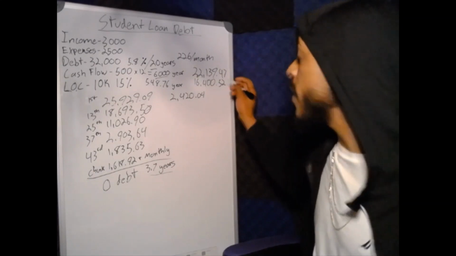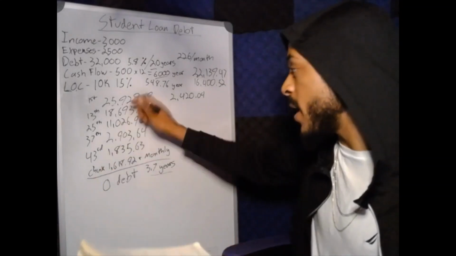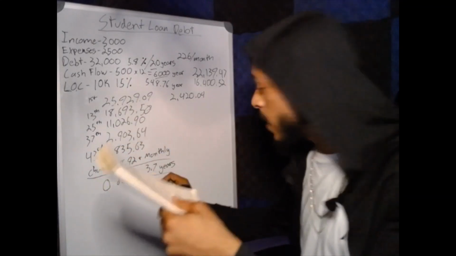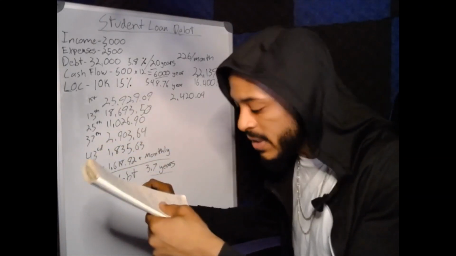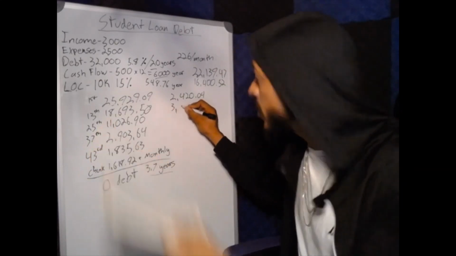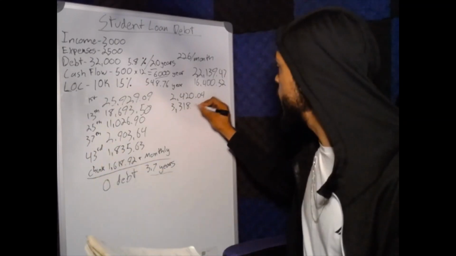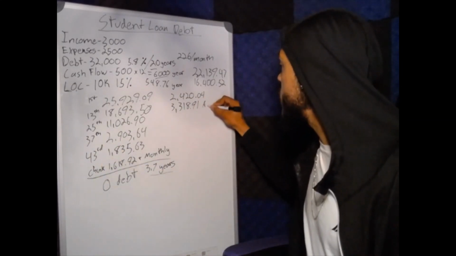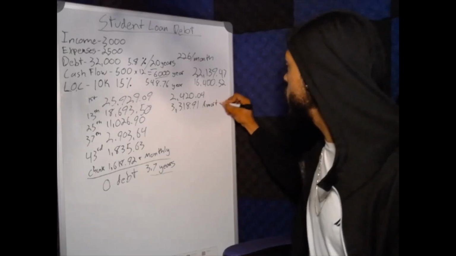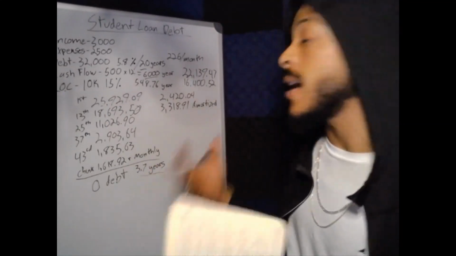And altogether, why? Because the amortized debt, you would have still paid an amortized debt of $3,000. And this is amortized. And like I said, if you watch my videos, you should know what amortized means.